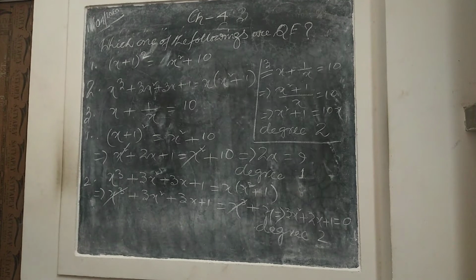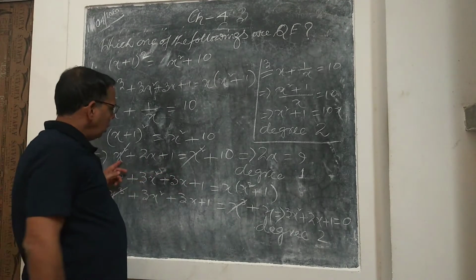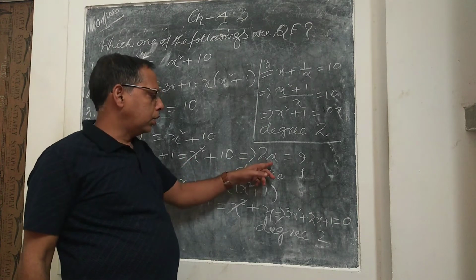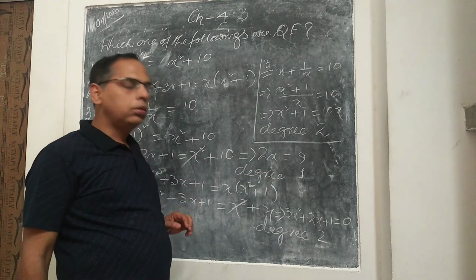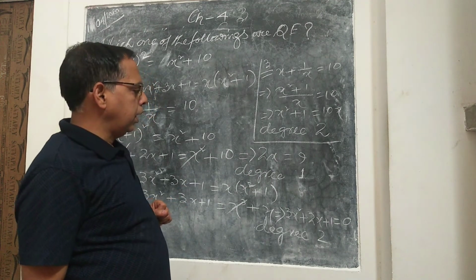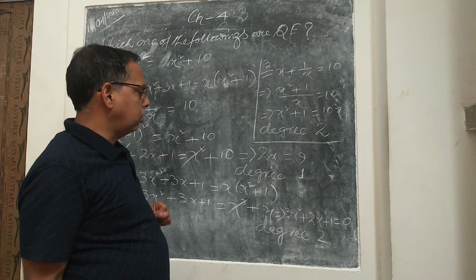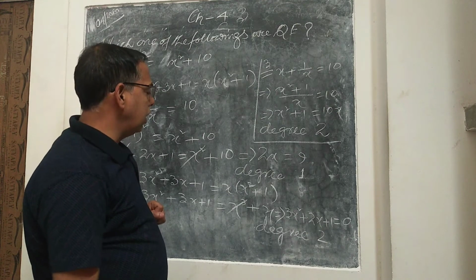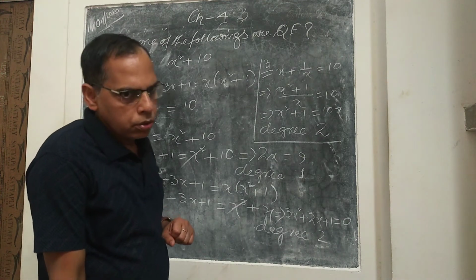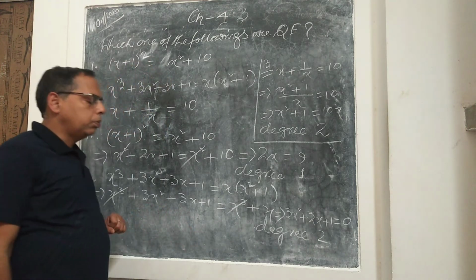Then x² cancels, and ultimately 2x = 9. Now what is the degree? Degree is 1. If the degree is 1, then it will be a linear equation. It will not be a quadratic equation, because for a quadratic equation the degree should be 2.